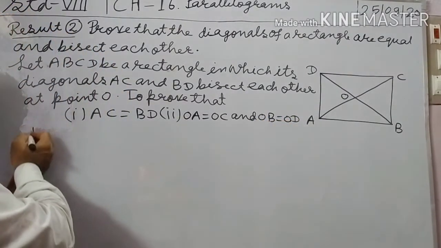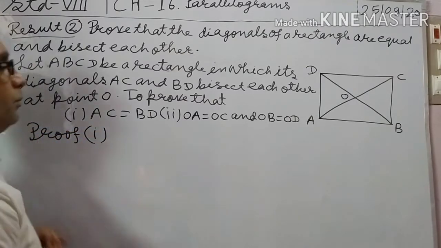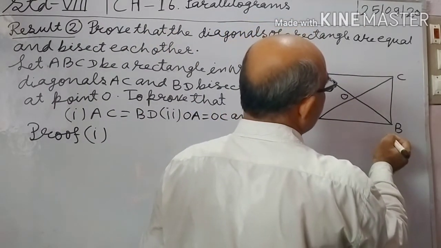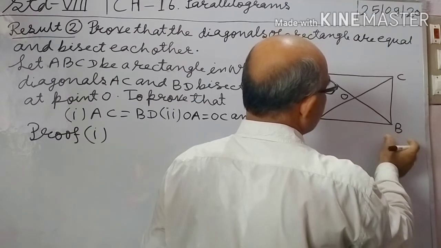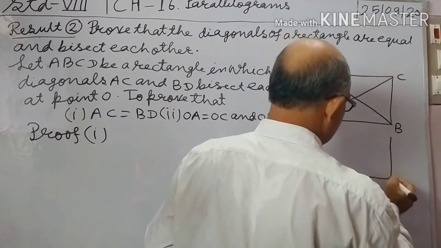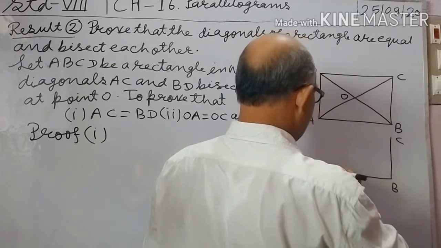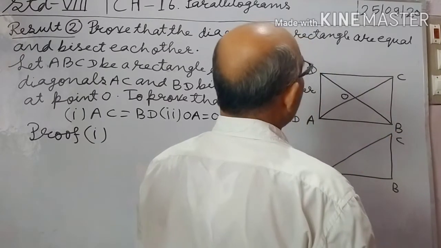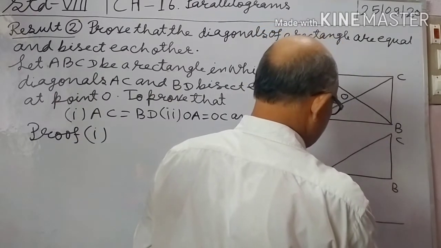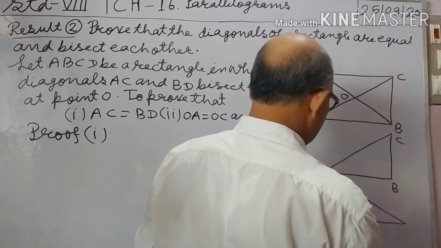So proof 1. The rectangle is divided into two figures. First is triangle ABC, and second figure is triangle DAB.